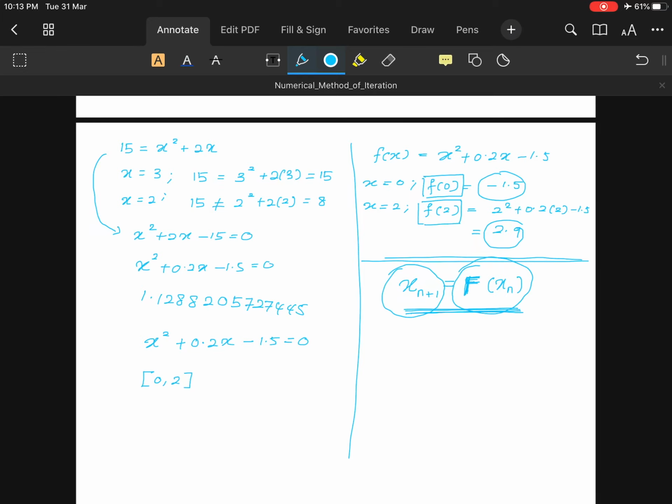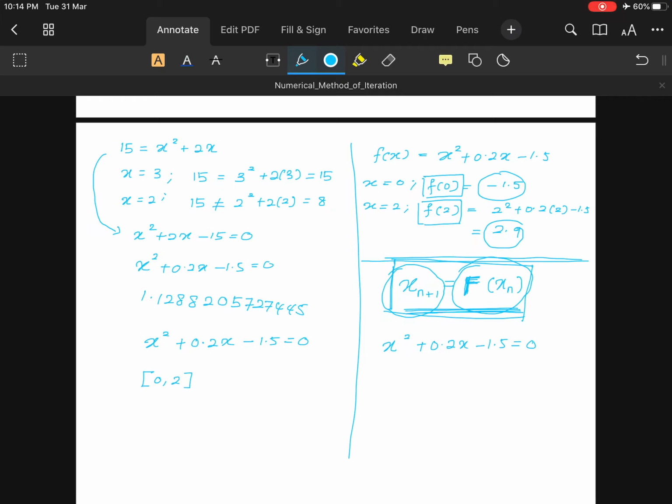So the point is, how do we get this relation from our current equation? Let's write back the equation we have, which is x squared plus 0.2x minus 1.5 equal to 0.